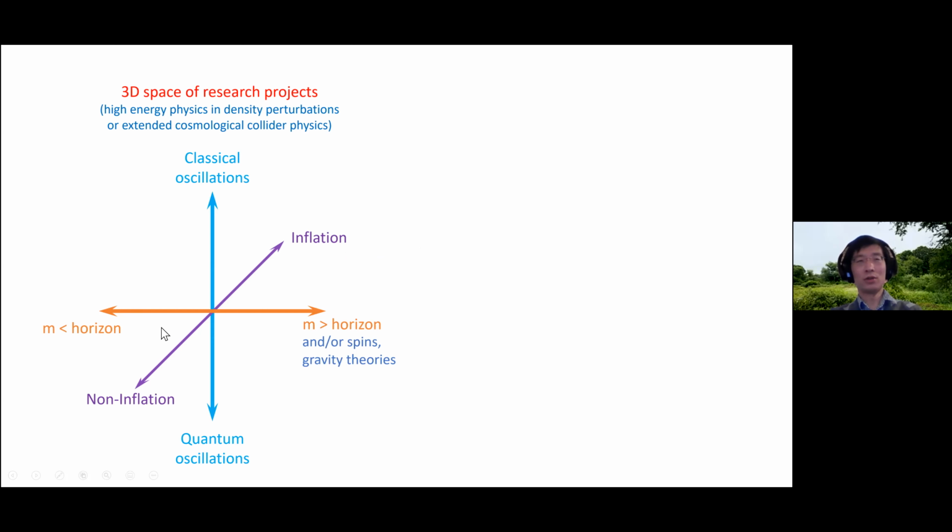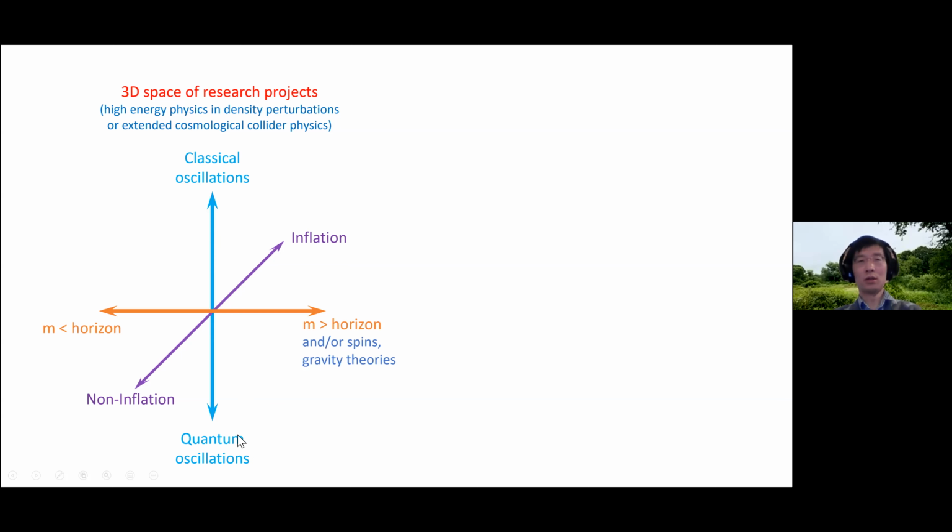We are interested in, for example, the particle contents of the theories with mass taking different values, lower and higher. In this axis could also be the spins of the particle contents or even different gravity theories. On the other hand, we are interested in oscillations that could possibly be excited classically.